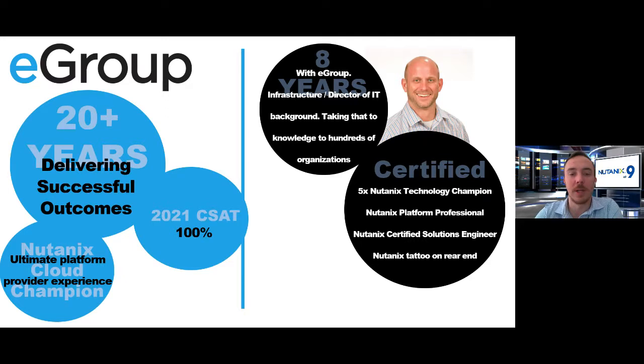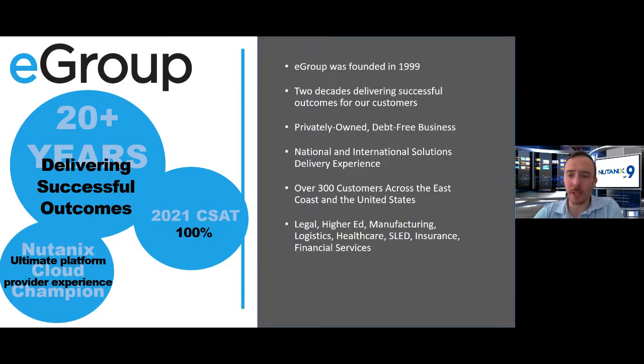So real quick, for those of you that don't know Egroup or maybe just haven't tuned into this in the past, Egroup's been around for about 20 years. We are a privately owned, debt-free organization headquartered out of Charleston, South Carolina. I'd like to highlight the privately owned, debt-free part because it allows us to really develop the portfolio as we see fit. And Nutanix has been a strong piece of that portfolio for probably 5 or 6 years now. So really being able to have that boutique business feel, but deliver the enterprise results.